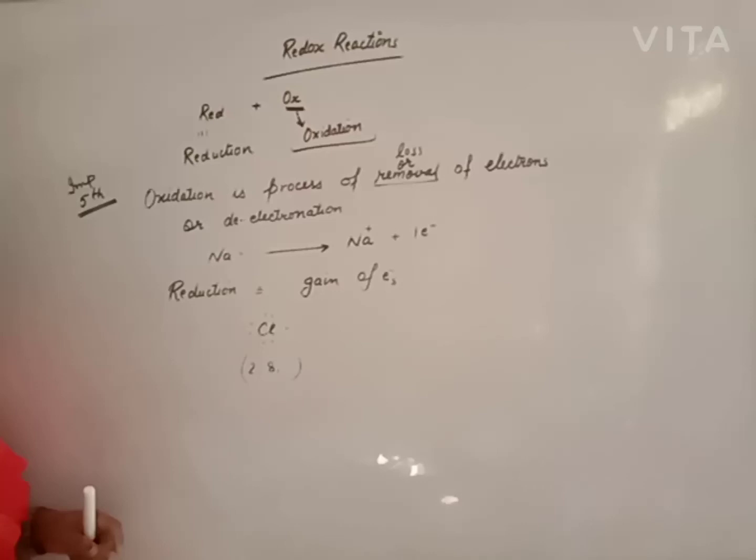The chemical substance which helps in reduction of other but is oxidized itself: this hydrogen helps this compound to remove the oxygen, helps in reduction of this one, but itself it will be oxidized. That means cupric oxide is the oxidizing agent and hydrogen is the reducing agent.